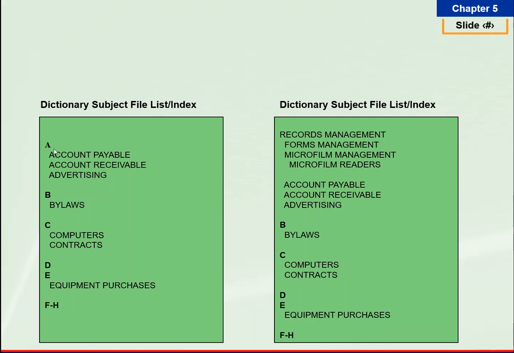Previously we saw in the drawer that the dictionary started with the alphabetic letters A to Z. So A, B, C, D, E. Under A we have account payable, account receivable, and advertising. This is what we call the primary. So how about this one? We have the main, we have the second, and we have the primary. So this is the comparison between the dictionary subject and the encyclopedic.